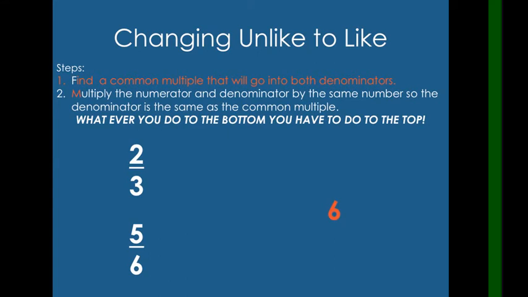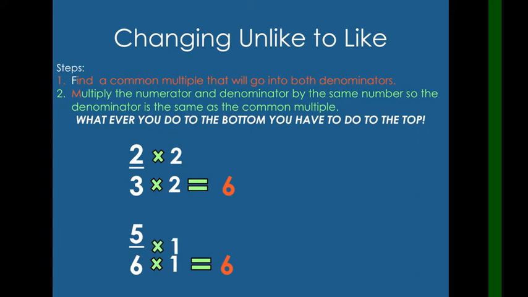So, we have 6. And that will be our common denominator. And then, to get the 6 in 3, we have 3 times 2. At yun din ang gagawin natin sa kanyang numerator. To get 6 in the denominator of 5 over 6, we have 6 times 1.